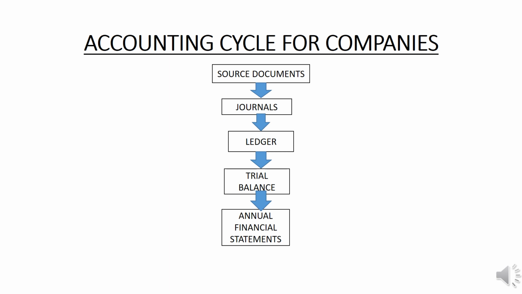So the accounting equation assists us here to understand the nature of the transaction with regards to the elements of financial statements, whether we are referring to an asset, equity, liability, income, or an expense. That will give guidance as to where the opening balance will be.